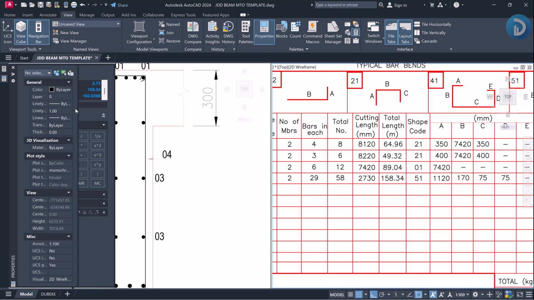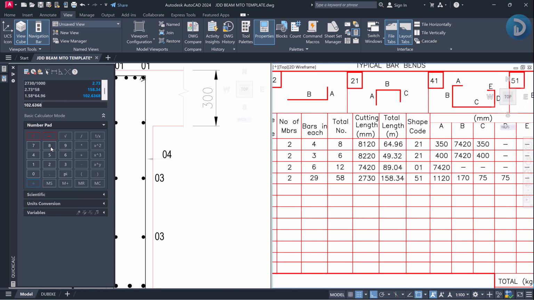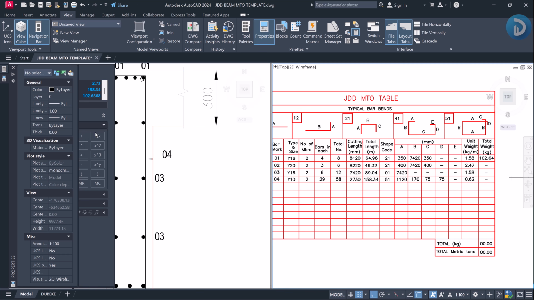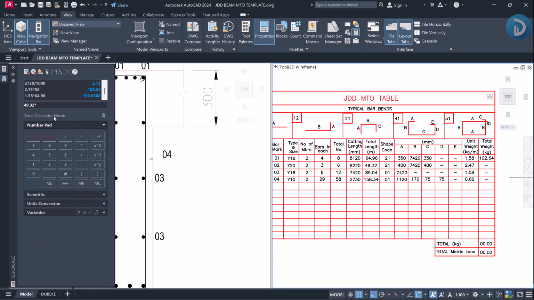So let's multiply this. 49.32 multiplied by 2.47.